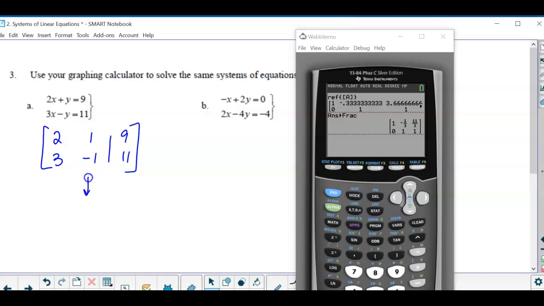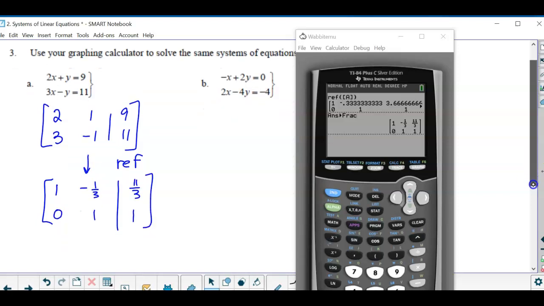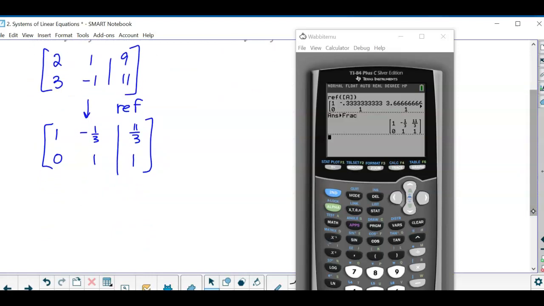If I were doing this on a test, I'd say row echelon form with an arrow, 1, -1/3, 11/3, 0, 1, 1. Then from there, I go, okay, y equals 1. And then my substitution gives me x equals 12/3, which is 4.